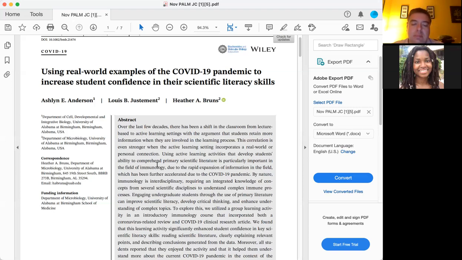Even though they might still be nervous, scared, apprehensive about approaching primary articles, they already have more of an understanding of: I have to do this, whether I like it or not. If I'm going to remain in this field, if I'm going to be successful, this is what I have to do.